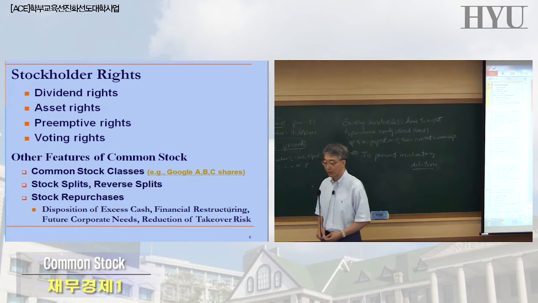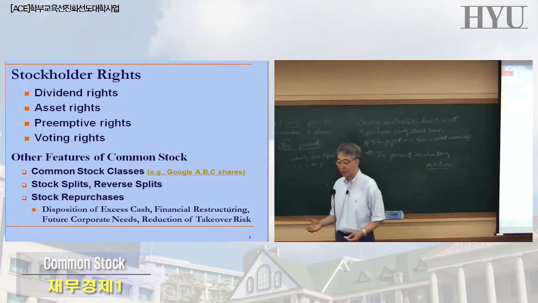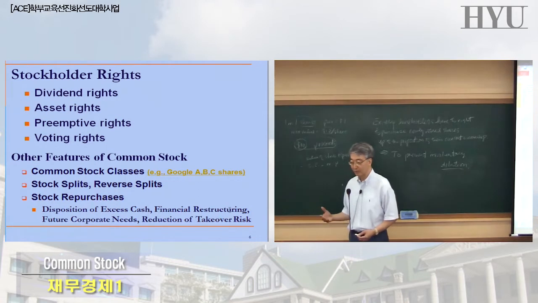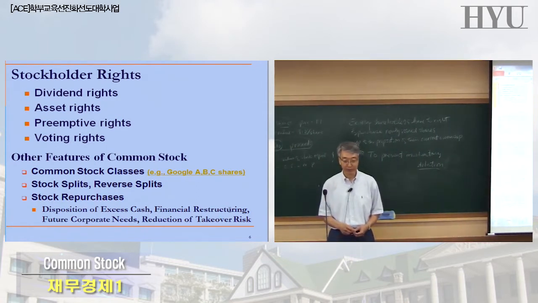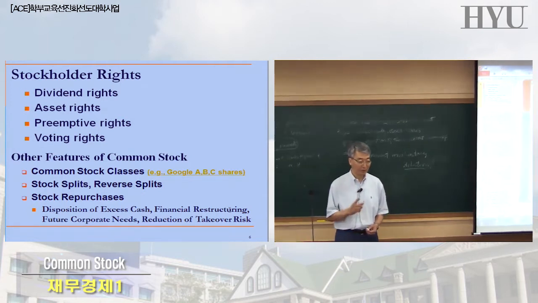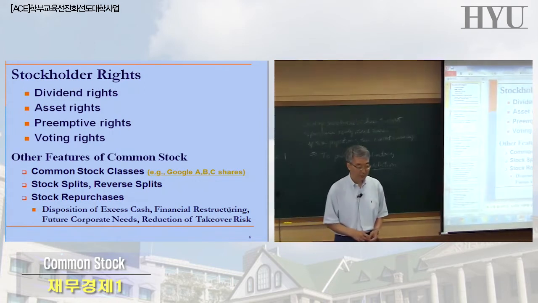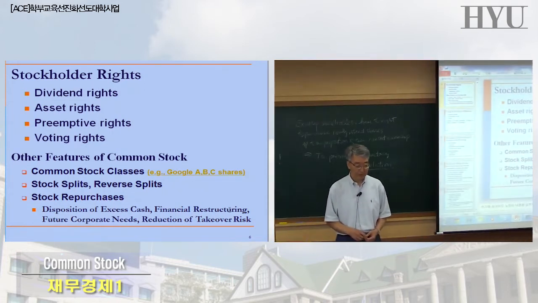So if you're only holding 100 shares out of millions of shares of Microsoft stock, then your vote will be probably 1 millionth of one vote. So you won't be able to do anything with that.